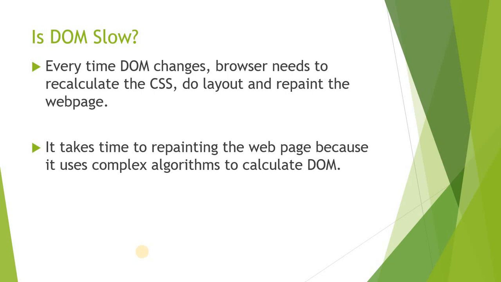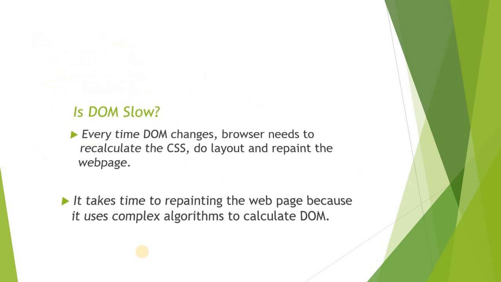This process takes time because it uses different complex algorithms to calculate the differences of the DOM, in which node has been updated in the tree of the DOM. To overcome this problem, we can use the virtual DOM.